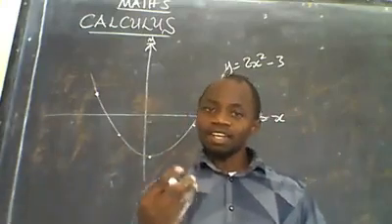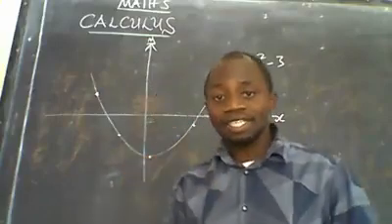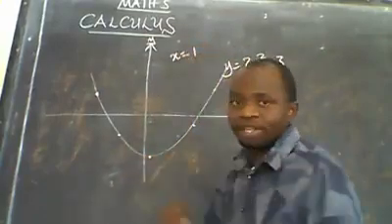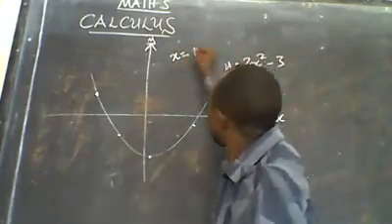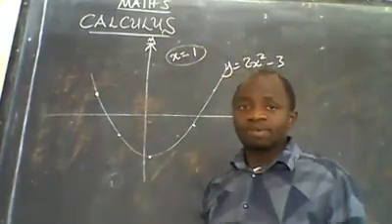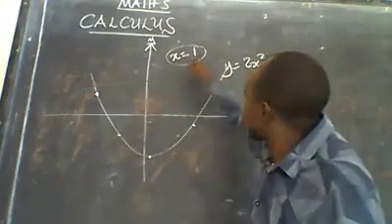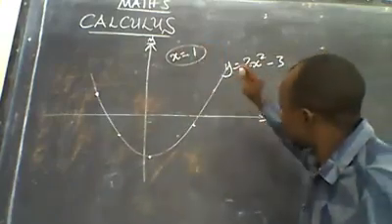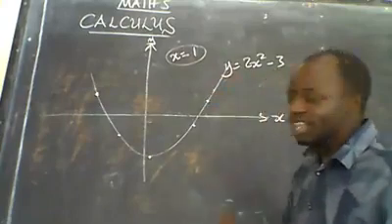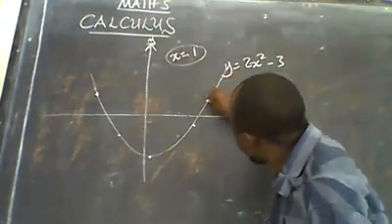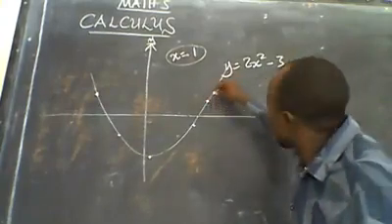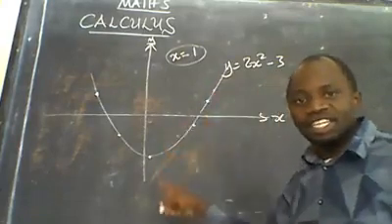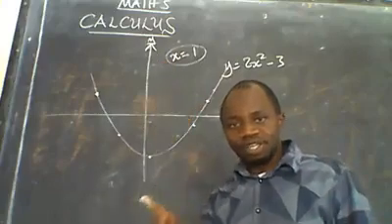They'll say, find the gradient of the curve where x is equal to somewhere, maybe where x is equal to 1, meaning they want the gradient at this point. So if x is equal to 1 is here, then they want you to find the gradient at this point, because the gradient at this point is not the same as the gradient at this point. The change is different. You see?